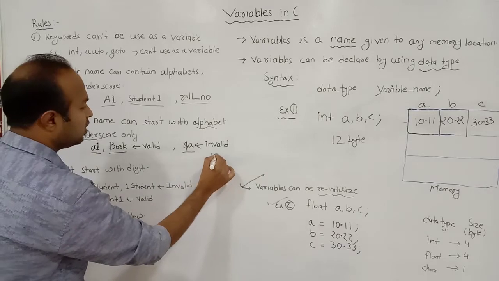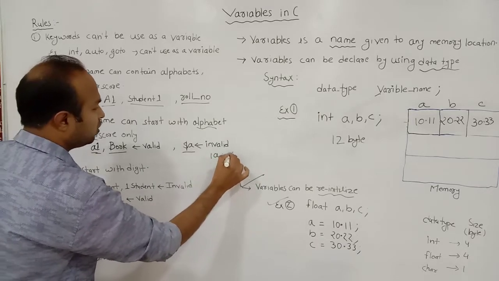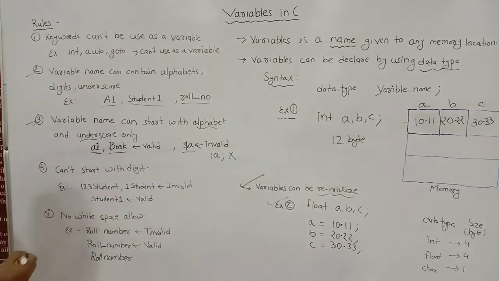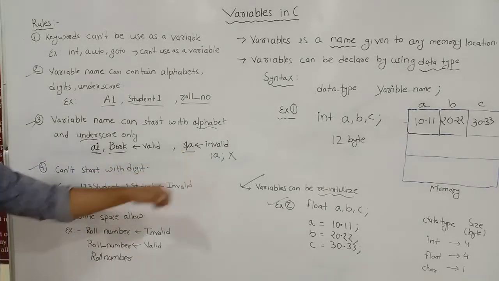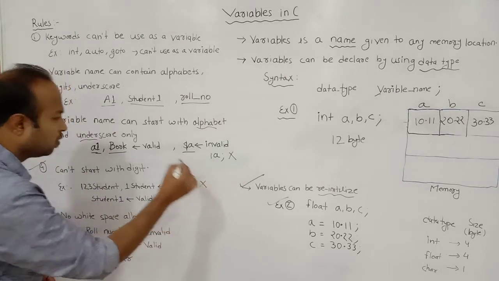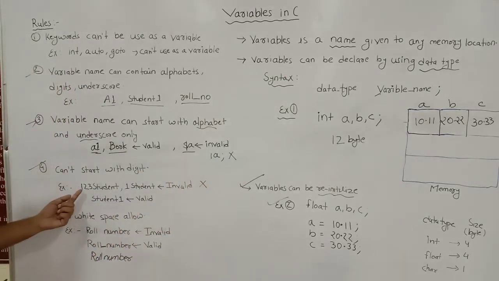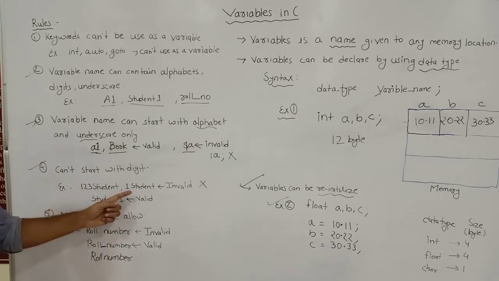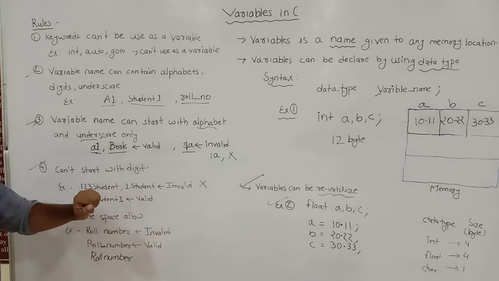Similarly, 1a is also not a valid variable name. Next point: it can't start with a digit. We have already discussed this point. This is an invalid variable name because it starts with a digit, and here also the variable name starts with a digit, therefore it is invalid.